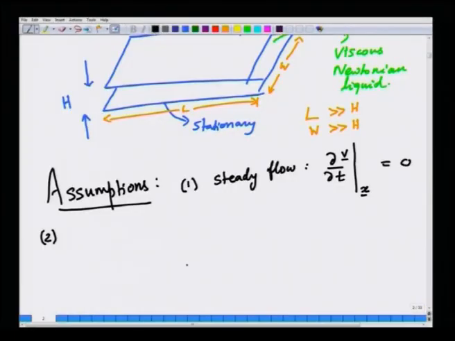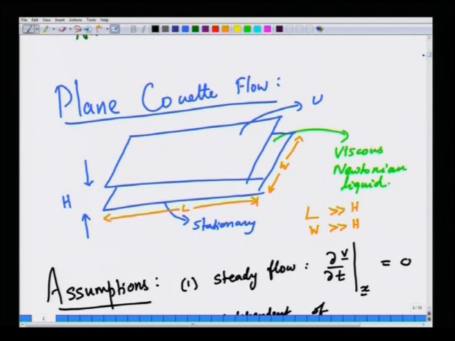Now, that will give us the motivation to assume that flow quantities like the velocity are independent of, and before I do that, let us put a coordinate system.